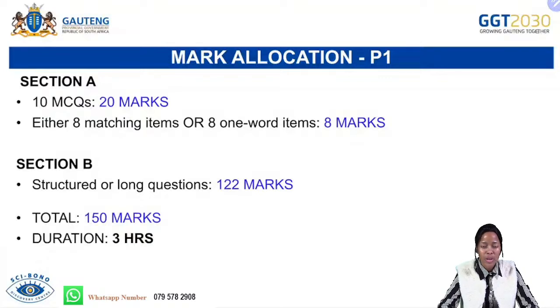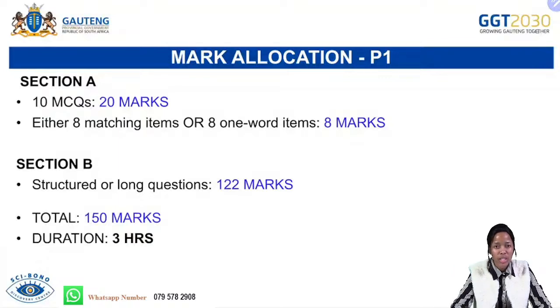We'll also have either 8 matching items or one-word items, with a total of 8 marks. Then section B will consist of structured or long questions, with 122 marks. Paper 1 will be a total of 150 marks, with a duration of 3 hours.